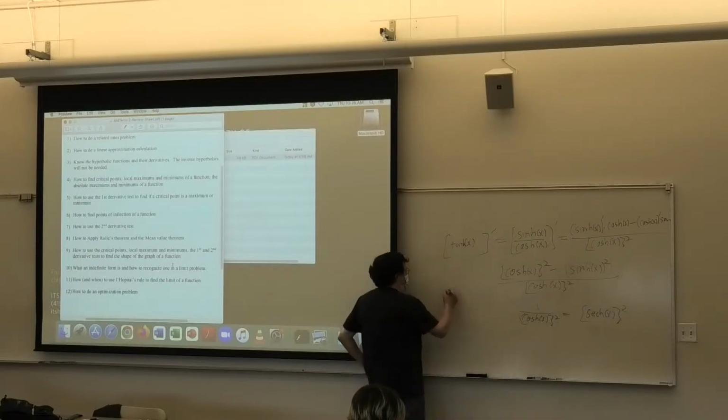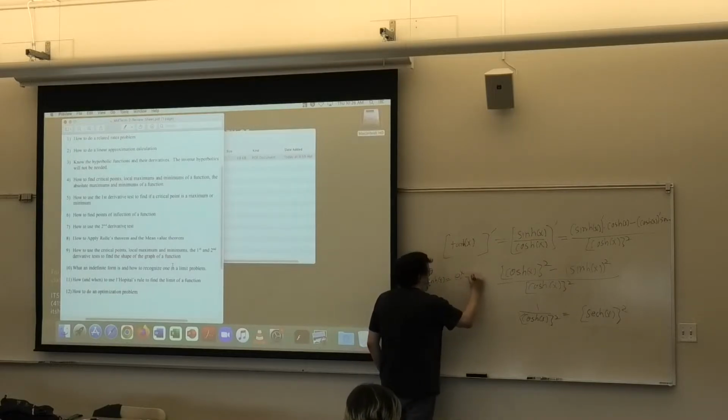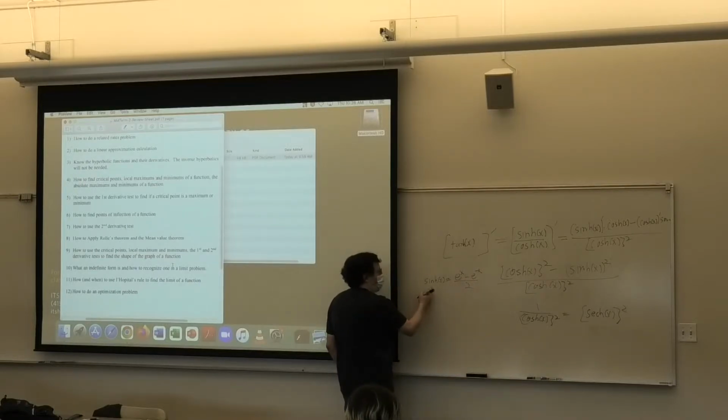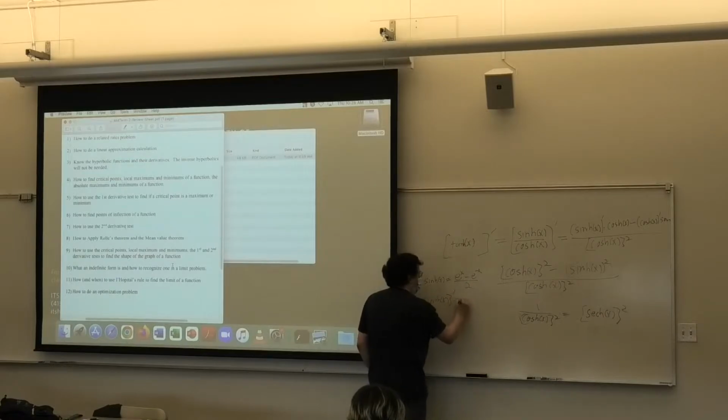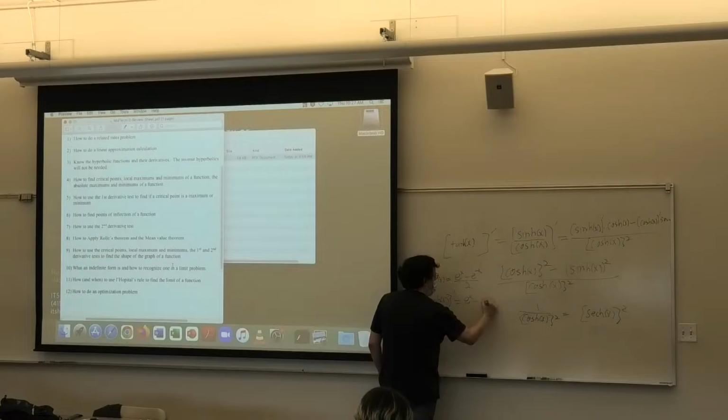Maybe it helps to know that the hyperbolic sine is equal to e to the x minus e to the minus x over 2. So if I want to find the derivative, well, that's going to be e to the x minus e to the minus x times minus 1, so it becomes a plus.